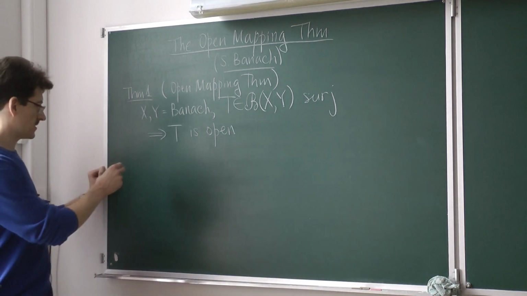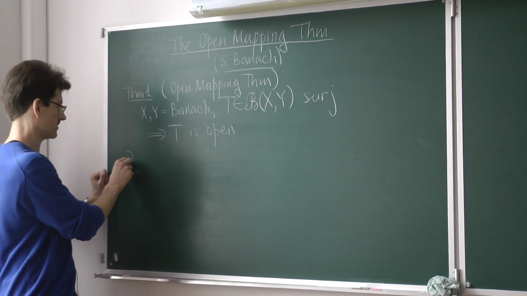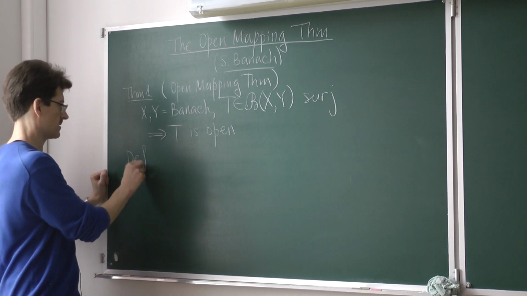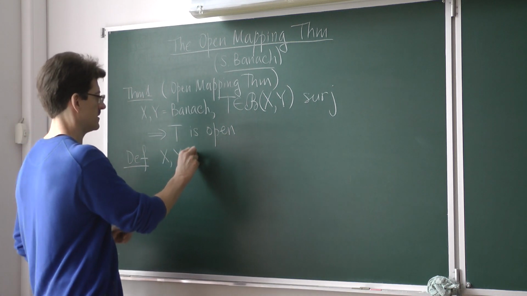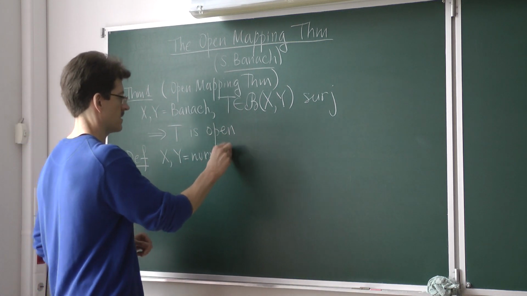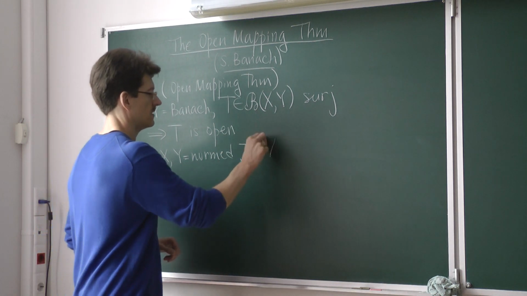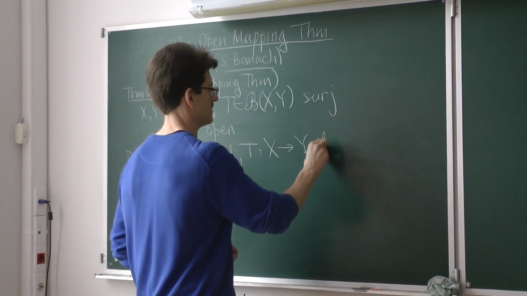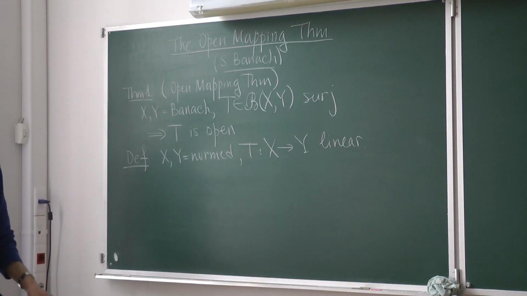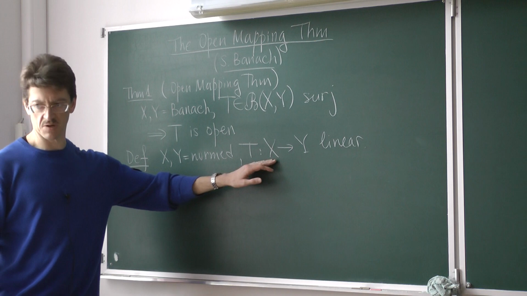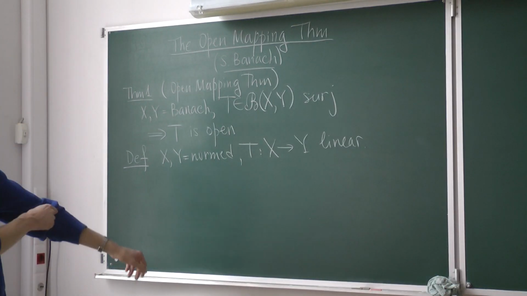So to begin with, let's introduce the following definition. Suppose that X and Y are normed spaces, and T is a linear operator from X to Y. At this point, I don't assume that T is bounded, just a linear operator.